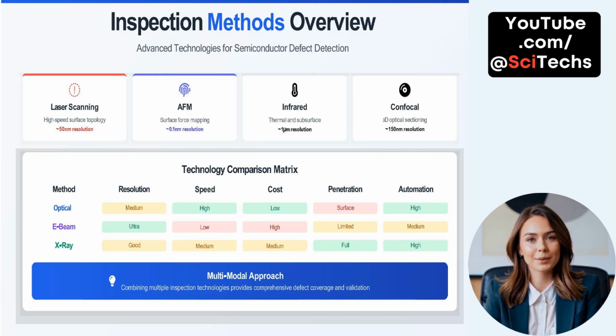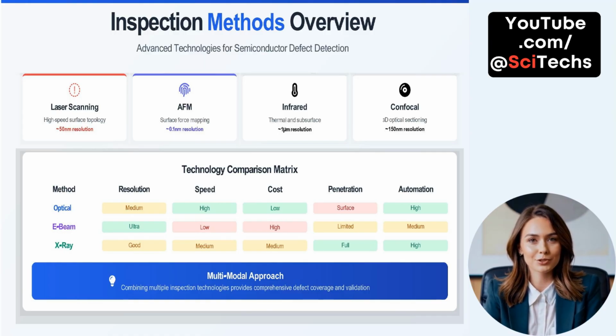The technology comparison matrix summarizes key differences. Optical tools offer medium resolution, high speed, low cost, surface-level penetration, and full automation. E-beam provides ultra-resolution, but is slower and more costly, with limited penetration and medium automation.